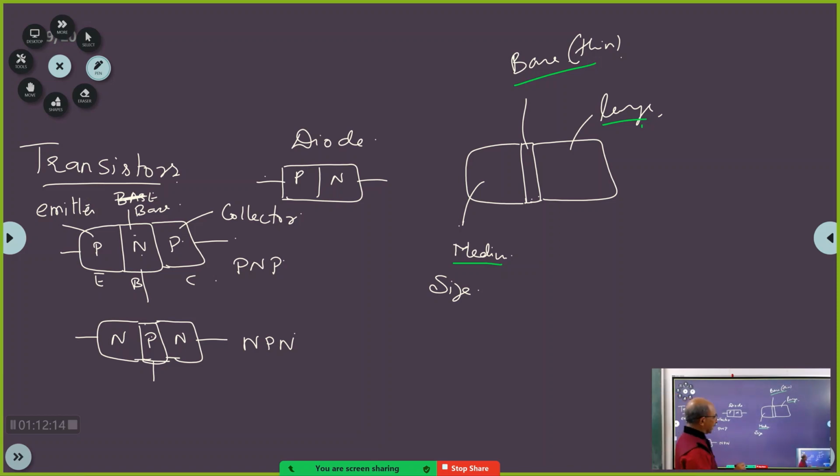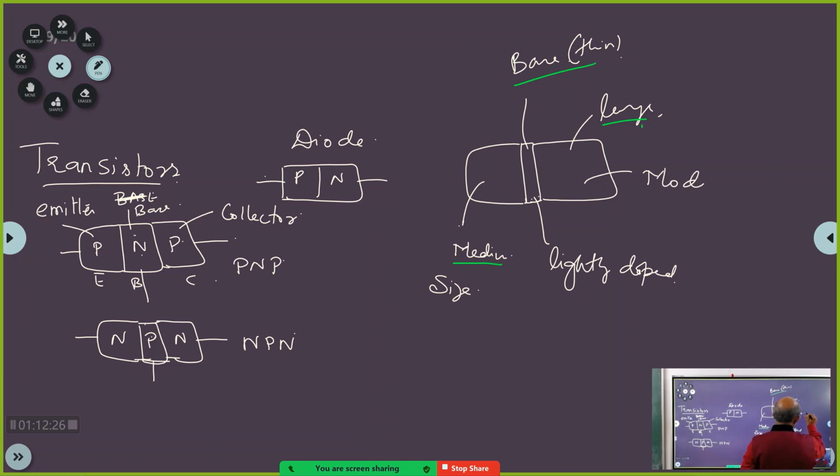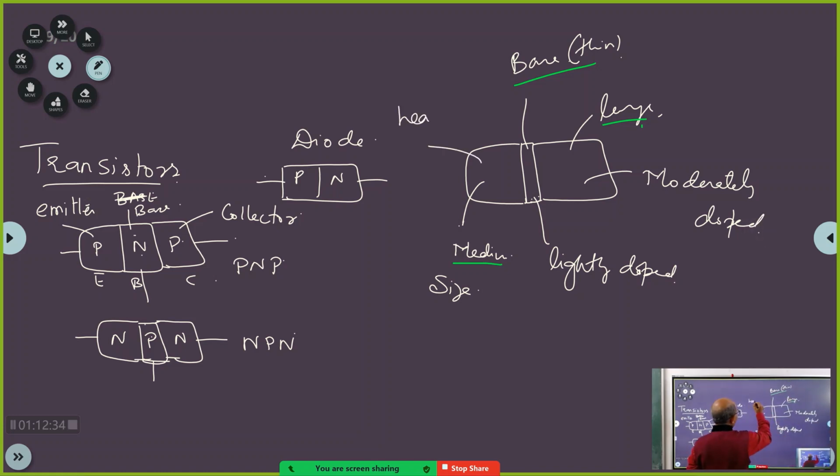Second part, you can find in the textbook that this is lightly doped, and this is moderately doped, and this is heavily doped. Please find these details.